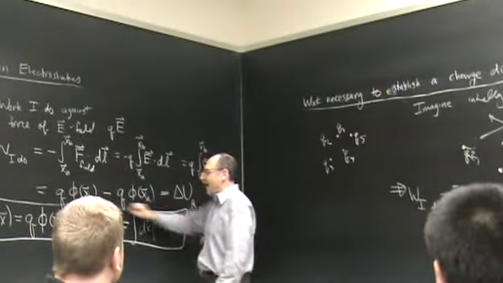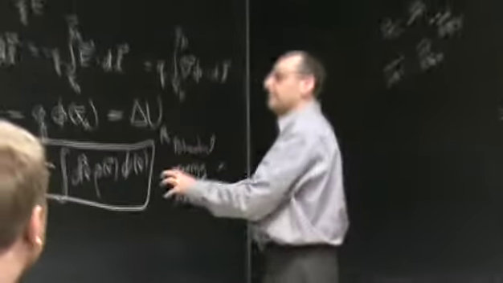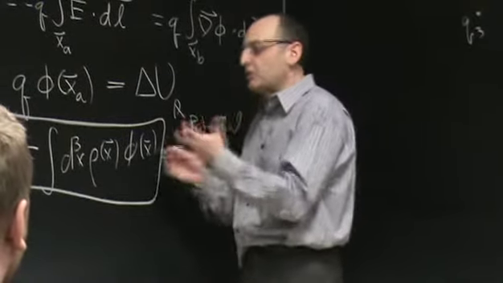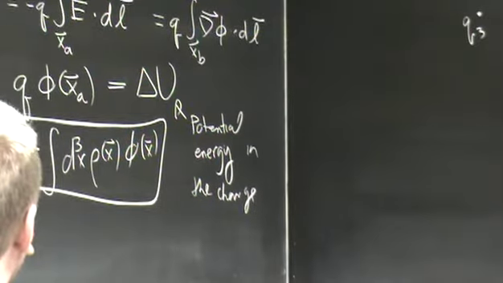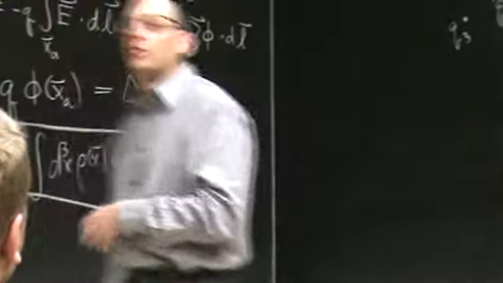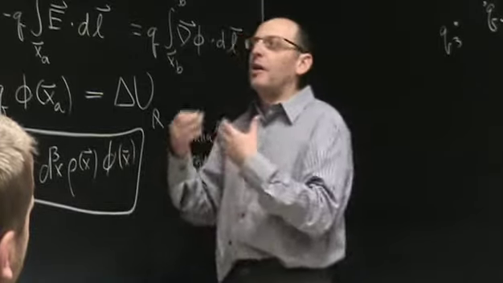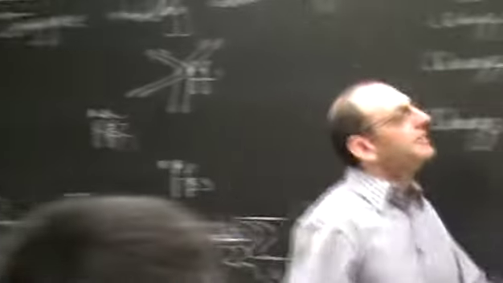A factor of 1/2. This is a different situation in which there are electric fields produced by some source, and now we're asking what is the potential energy of some other charge in that external field. Whereas this problem is how much energy it took to create the charge distribution itself.